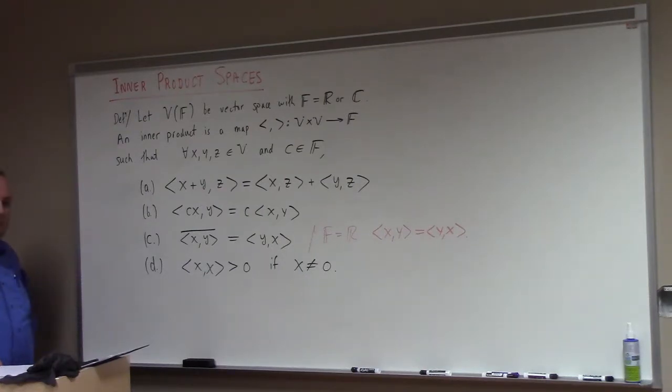That's in the case that the field is real. And then finally, the inner product of any vector with itself is positive, provided that the vector is non-zero. Right? These are the axioms that give you what's called an inner product. If you take a vector space, all right, and you pair it with an inner product, it's called an inner product space. All right?